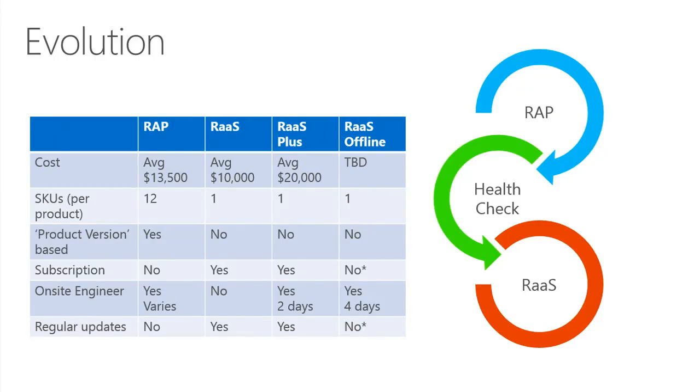This time, it's not a subscription service. You buy it, and it is available to be used for 12 months, but you aren't eligible for the updates. But you do get a free engineer for 4 days. The engineer will also help you do the data collection because of the possible sensitivity of that environment, and there are potentially 4 days of knowledge transfer, going through that analysis and reporting.